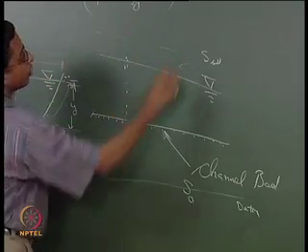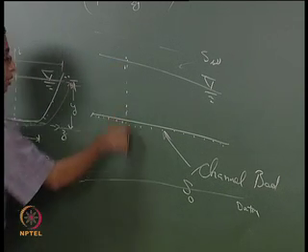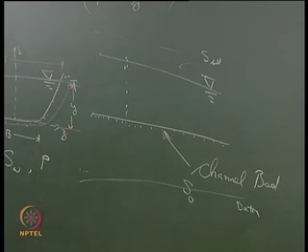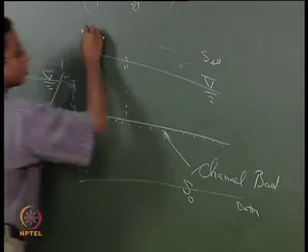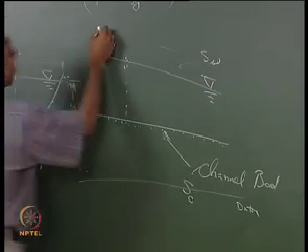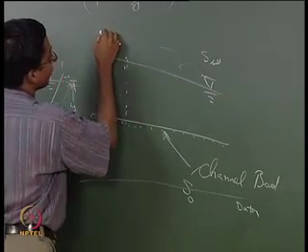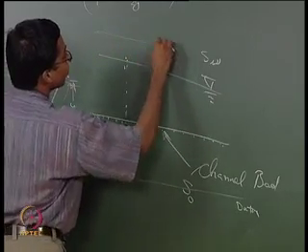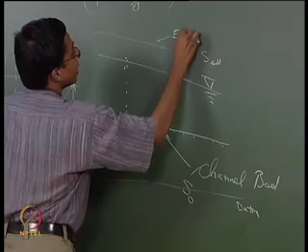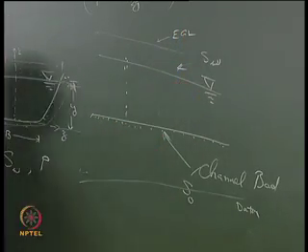That will give you the energy head at that location, at any particular cross section. And if you profile the energy at various sections and connect them, that will give you the energy gradient line. Fine.